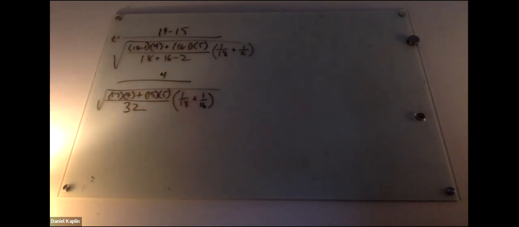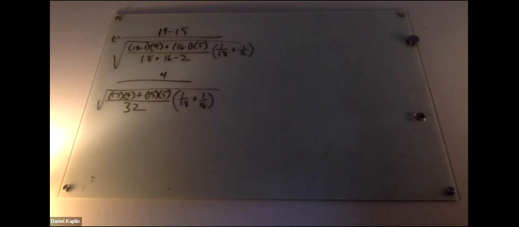Now, the next thing I want to do is find out what that is. So why don't we calculate that? We do 1/18, which is 0.05555, plus 1/16, close parenthesis, equals, okay, got it.